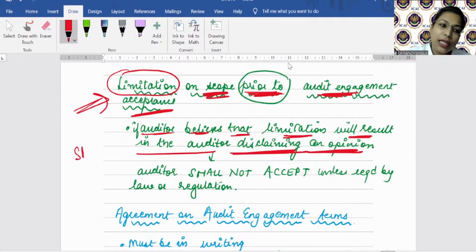So it says that if auditor believes that limitation will result in the auditor disclaiming an opinion, अब disclaimer of opinion क्या होती है हम ऐसे 705 में पढ़ेंगे, चैप्टर नंबर 11 में. अभी के लिए मैं बता देती हूँ.